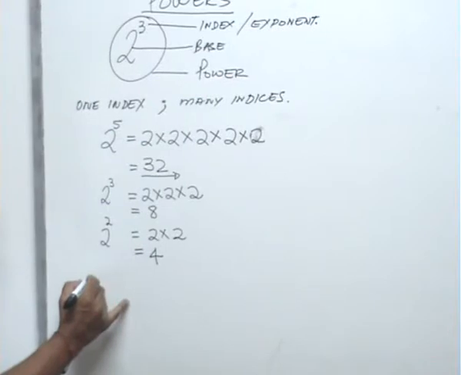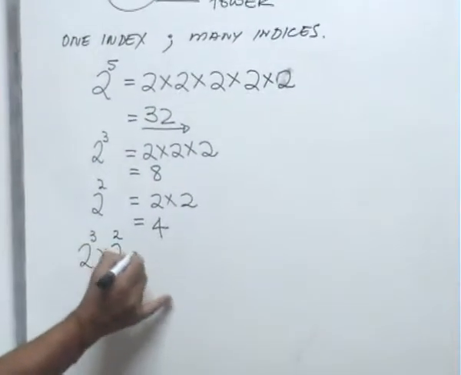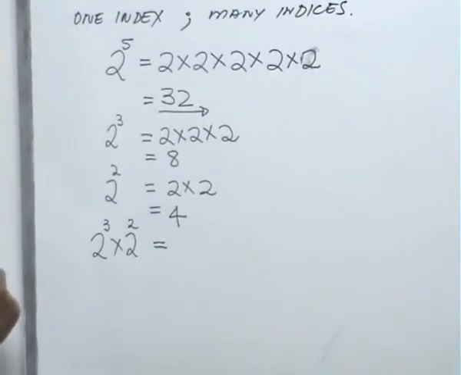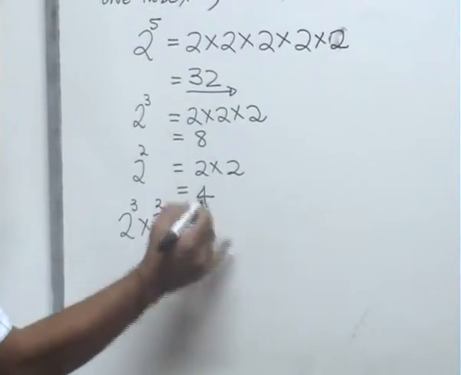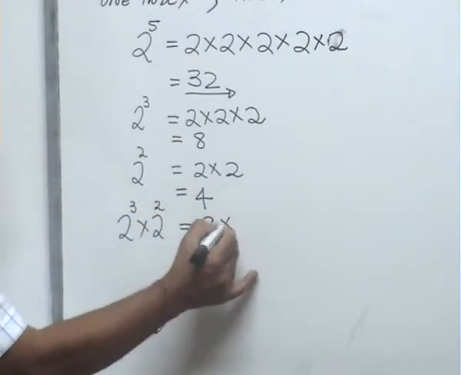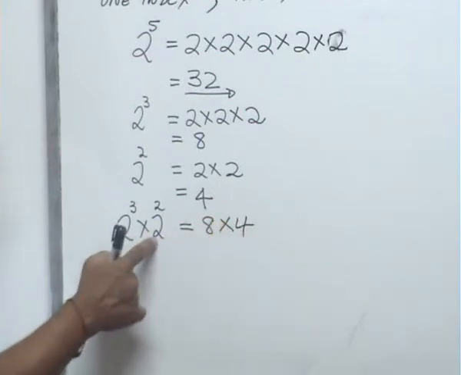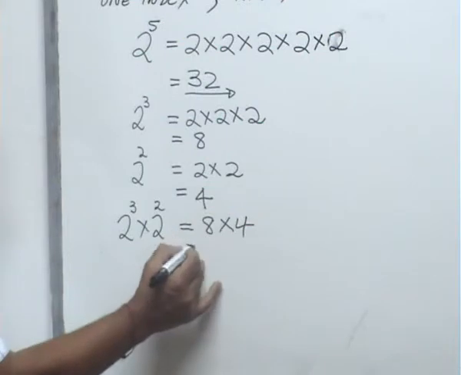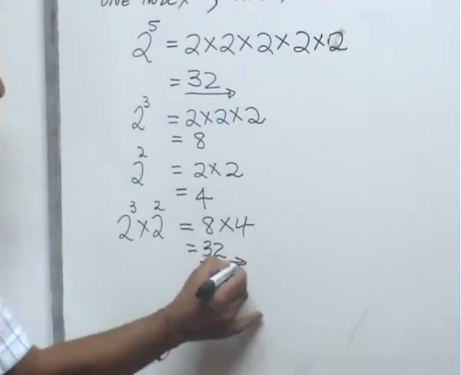Now, let's say I told you 2 cubed times 2 squared. So you will tell me, well, 2 cubed is 8 and 2 squared is 4. So instead of 2 cubed, I'll write 8. Instead of 2 squared, I'll write 4. And 8 times 4 is 32.